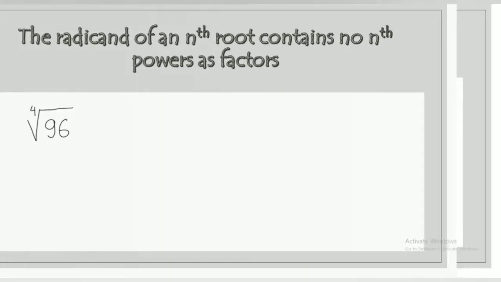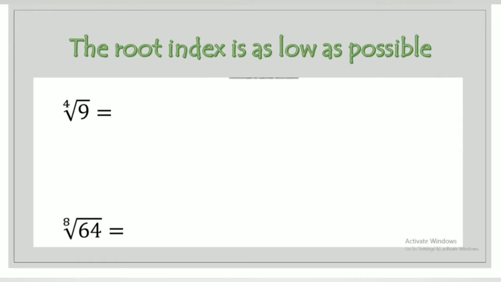So this is the first requirement, and now let's speak about the second parameter: the root index is as low as possible. What does it mean? I give you 2 examples, and I hope they can really give you an insight. The fourth root of 9: if I put it into factor form, I don't have any issues, because in 3 squared the exponent is less than the root index.